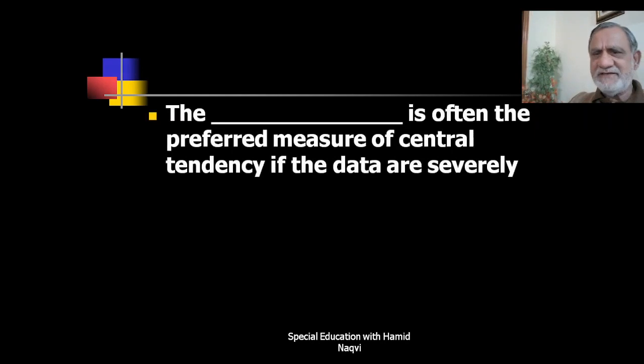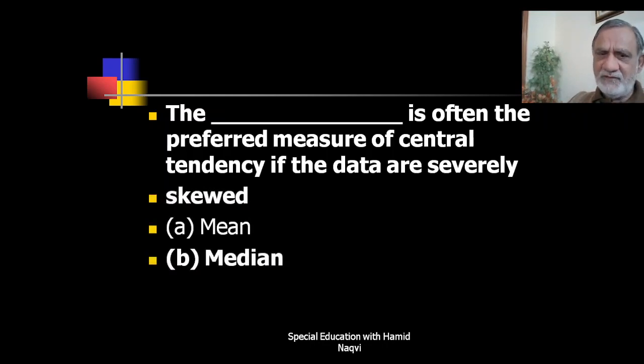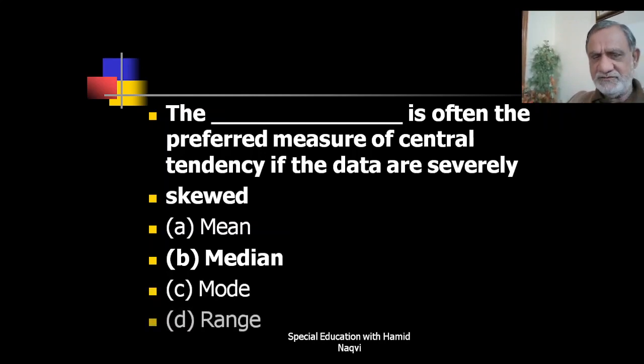The dash is often the preferred measure of central tendency if the data are severely skewed. The options are mean, median, mode, or range.